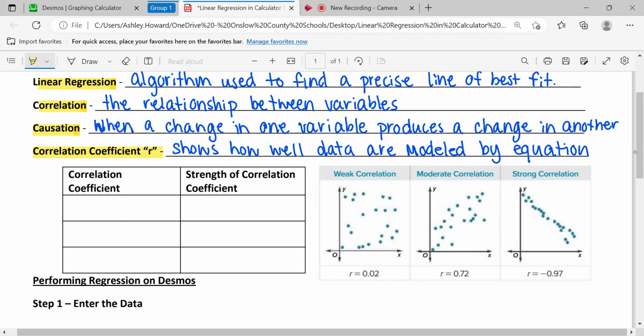So along with the correlation coefficient, if our correlation coefficient has an absolute value that is greater than or equal to 0.8, then we would call that a strong correlation. So our data would be pretty close together.